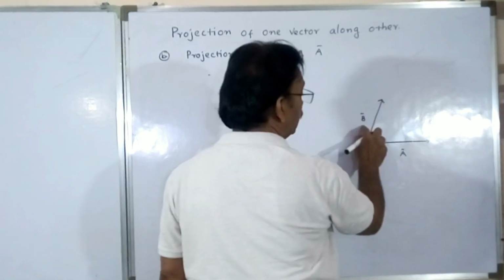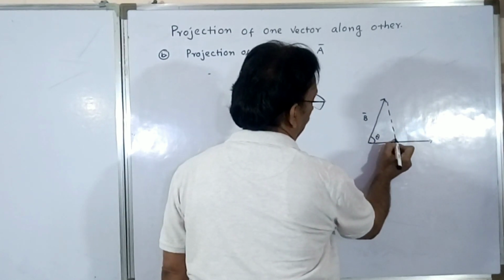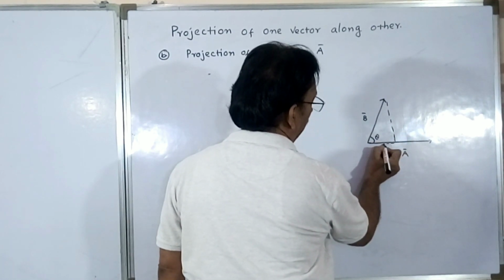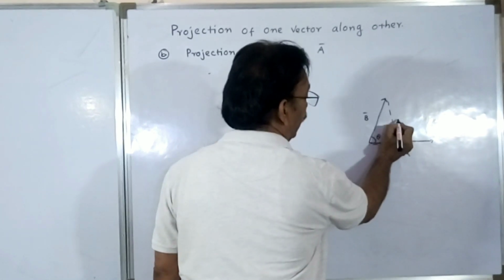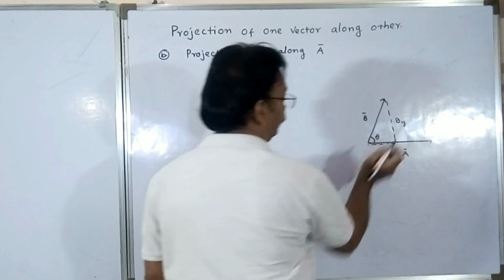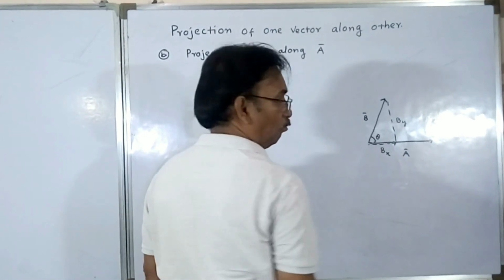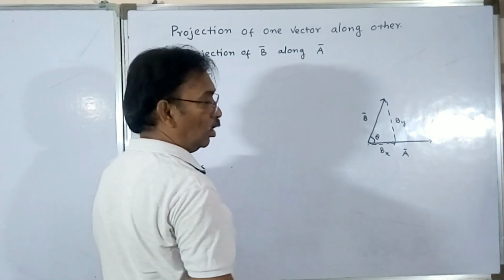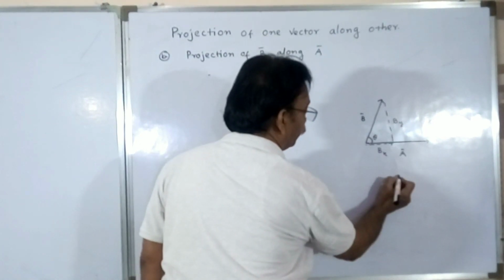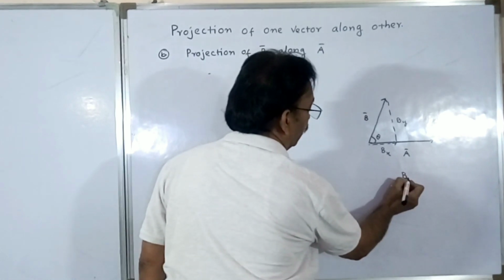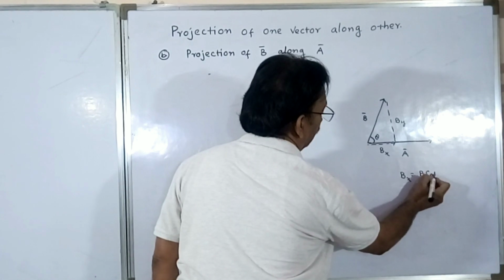Here we are resolving this b bar into two perpendicular components, by and bx, and you know how to resolve the components. If you take this one, you will get bx equal to b cos theta.